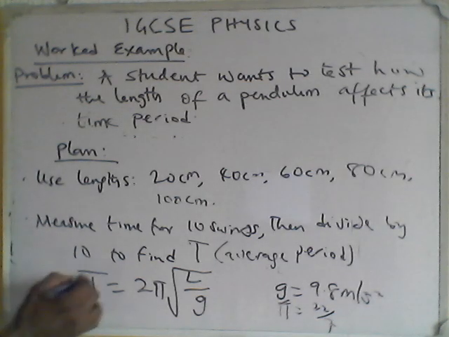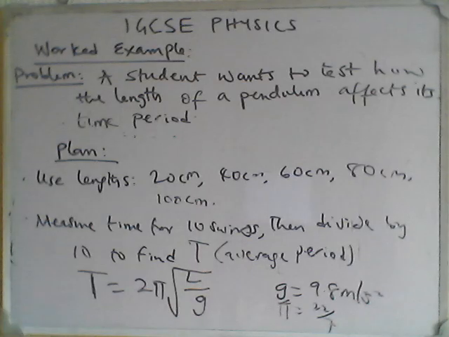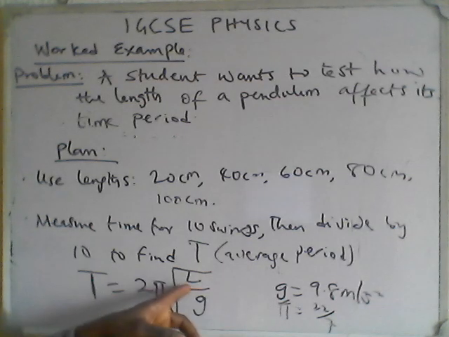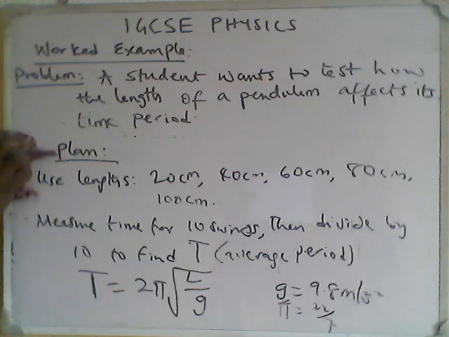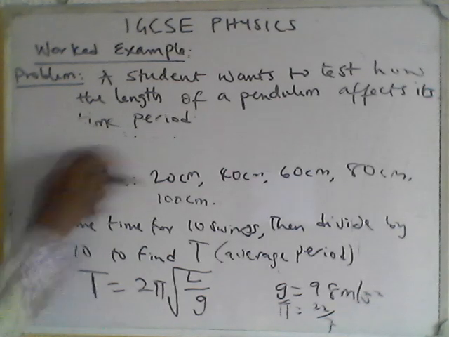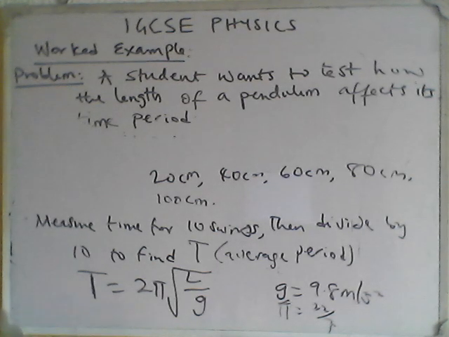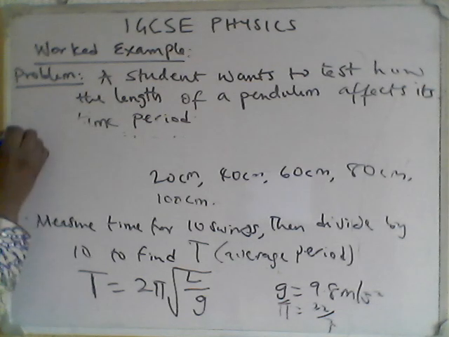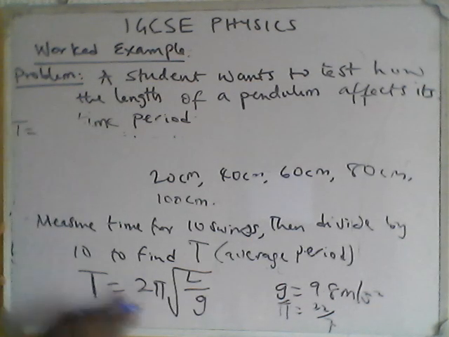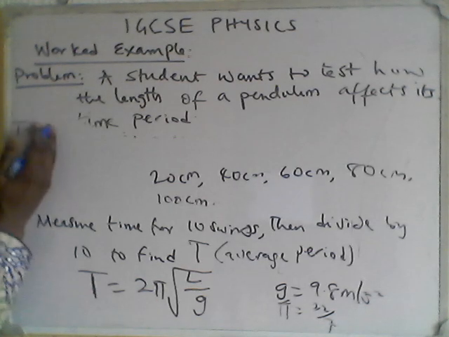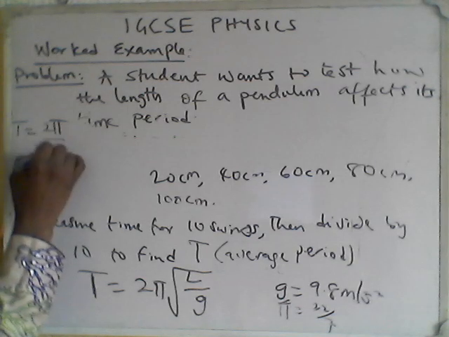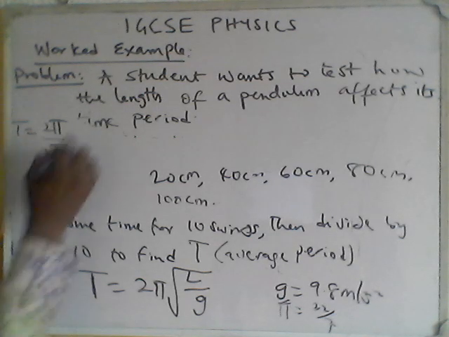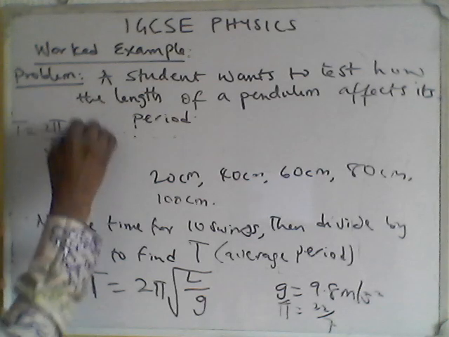But what is changing is the time and the length. We said the length is the independent variable, and the length is inside the equation. But if I rearrange this equation, like I said, you have to be very good in mathematics. So time equals, I'll bring out the constants, 2π over the square root of G, and I'm leaving L here.